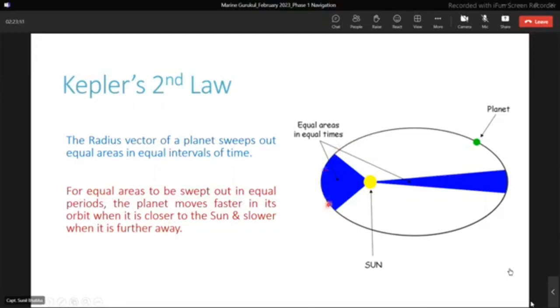So this is Kepler's second law of planetary motion. The radius vector of a planet sweeps out equal areas in equal intervals of time, indicating to us that the planet will be moving faster in its orbit when it is closer to the sun, and slower in its orbit when it is farther away from the sun.